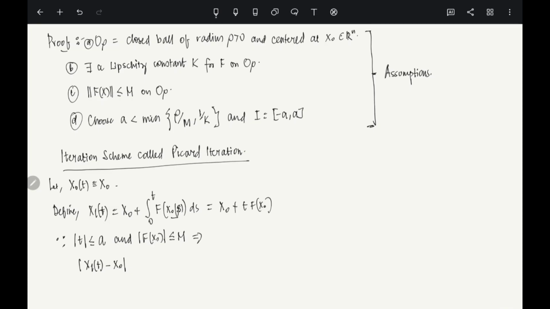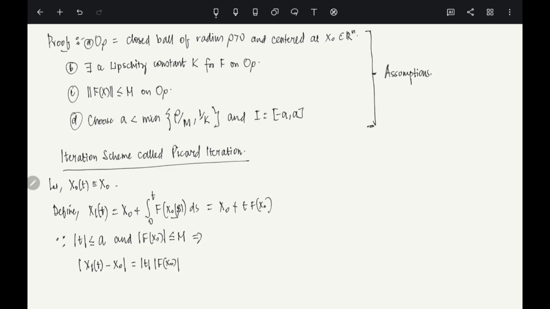Essentially, I am starting out at t equals 0, we are at x naught, and the nth iterate or the solution which we are going to get must be in the ball B epsilon. So the x1 of t which you define for all t should be in B epsilon. How do you guarantee that? I want to make x1 of t minus x naught less than rho. Can I do that? This is nothing but mod t times the norm of f of x naught.